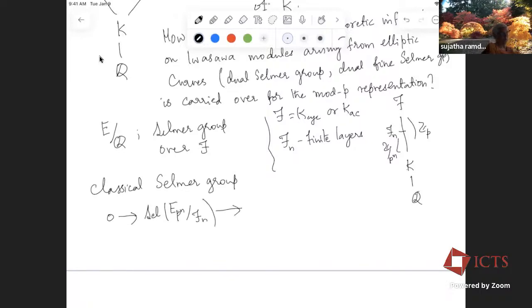This will be a subgroup of H^1(K_S/F_n, E[p^n]), and I'll explain what K_S is. And then there are these local terms, the product over v in S of J_v(E) over F_n,v.